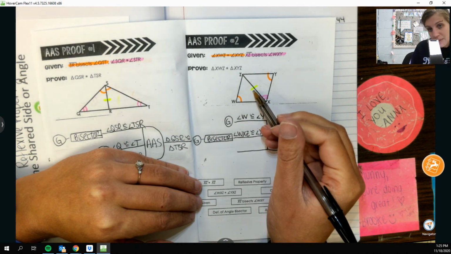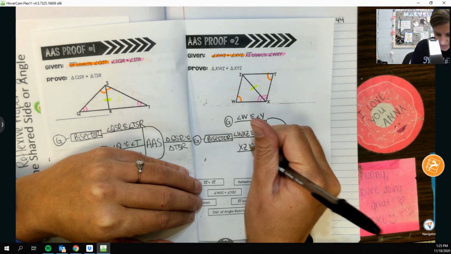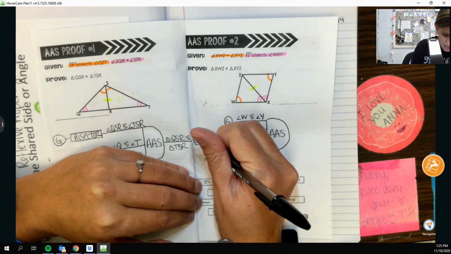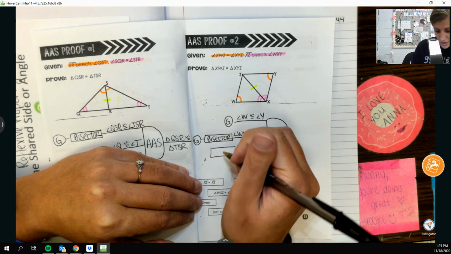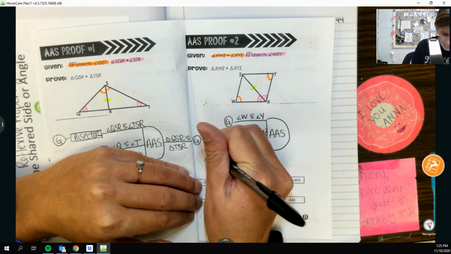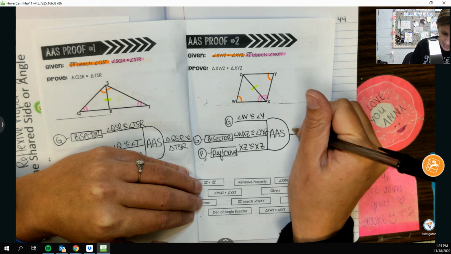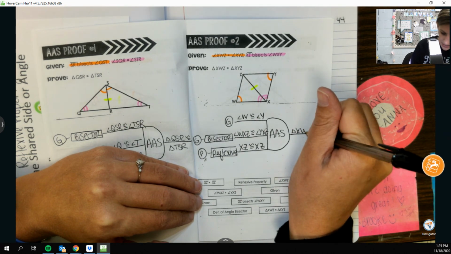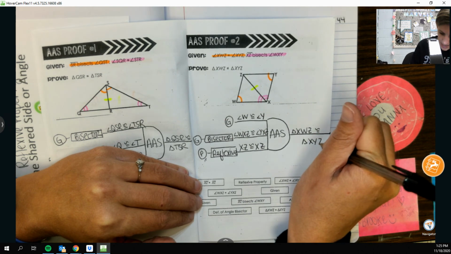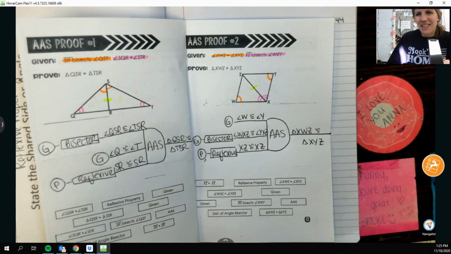And then the last thing I marked was this side here. So XZ is congruent to itself because I noticed a shared reflexive property in the circle P picture. So therefore I can say that triangle XWZ is congruent to triangle XYZ. Triangle proofs. I love them. And I love flowchart proofs.